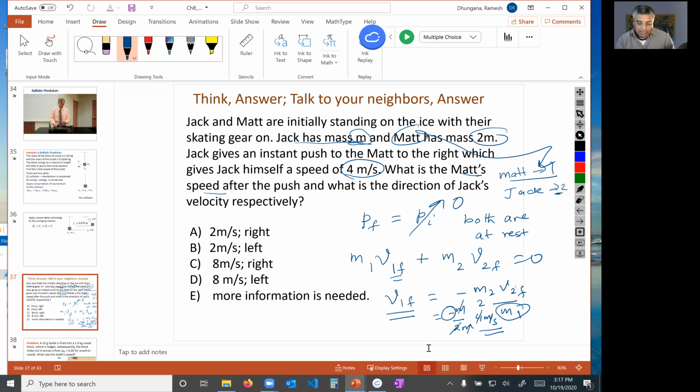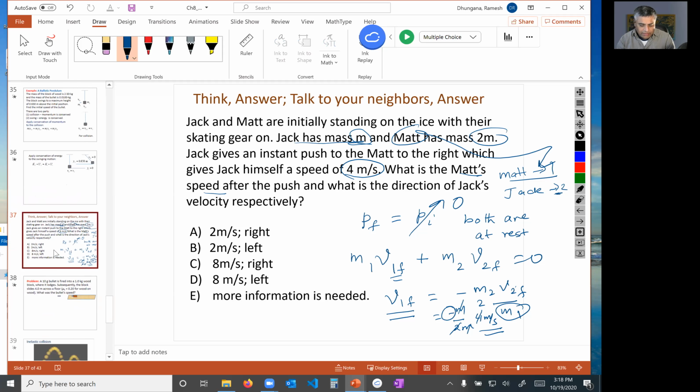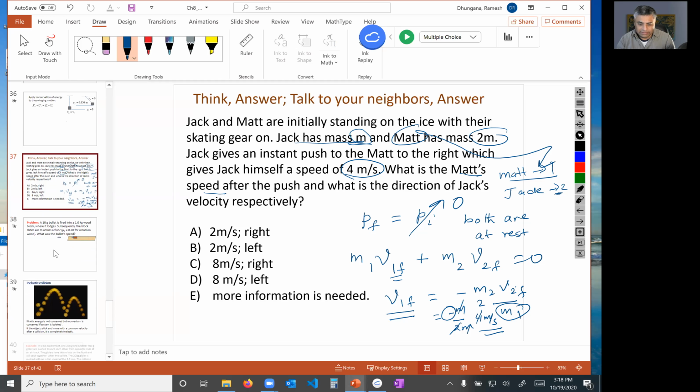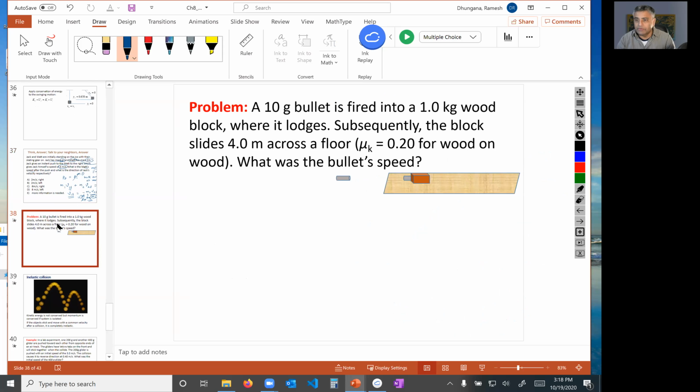Okay, so there are a couple of example problems here. For example, here you can do the bullet test, the speed of the bullet test, looking at this. But in this case, there is friction. So here, I'm not doing this problem, but to do this problem, what you need to do is use this energy concept, remember?